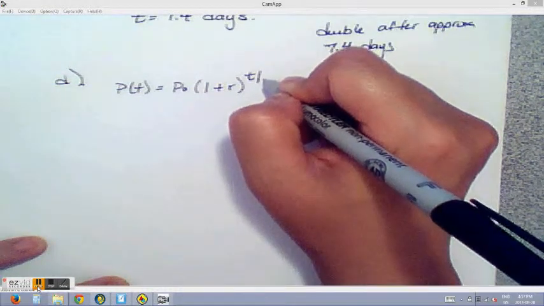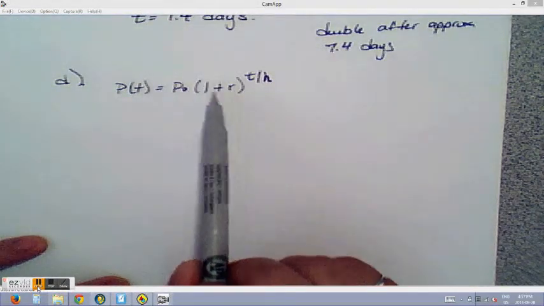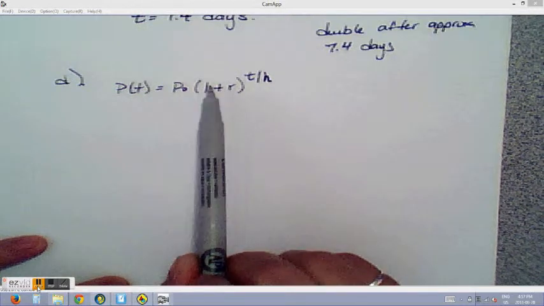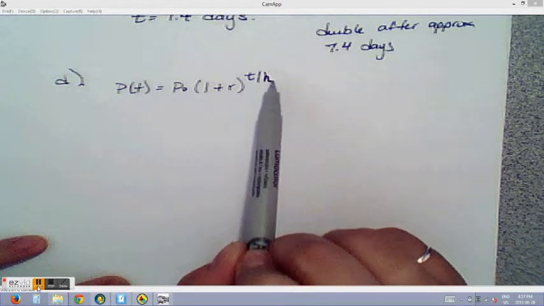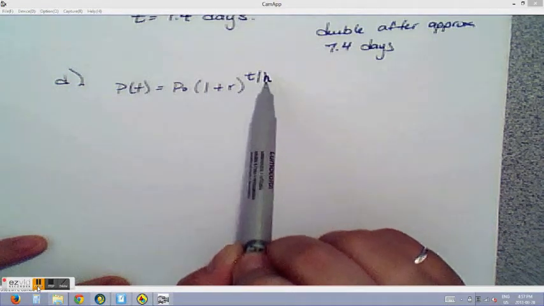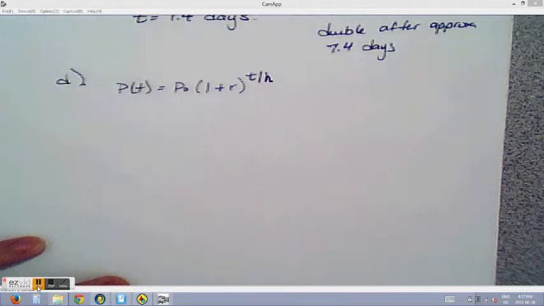So basically this is the factor, the multiplication or reduction factor. This is the variable time, and this h or n, whatever you might have been taught, is the amount of time it takes for one cycle to occur.